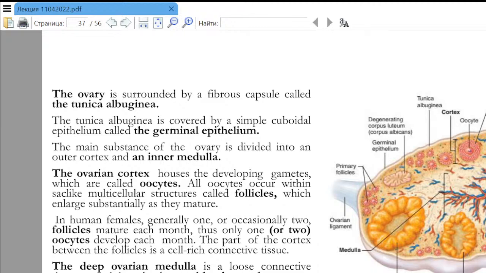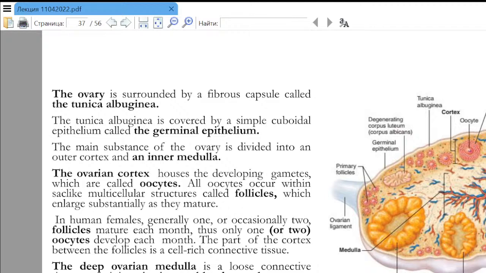In human females, generally one or occasionally two follicles mature each month. Thus, only one or two oocytes develop each month.